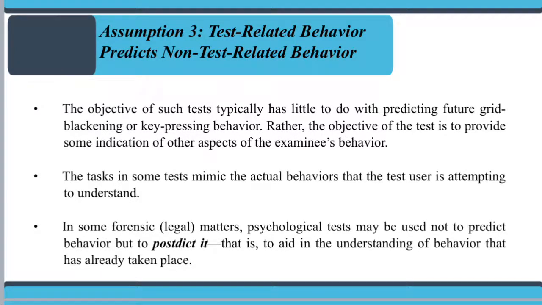So, let's go to assumption 3. Test-related behavior predicts non-test-related behavior. The objective of such a test typically has little to do with predicting future grid blackening or similar test-taking behavior. Rather, the objective of the test is to provide some indication of other aspects of the examinee's behavior. The tasks in some tests mimic the actual behavior that the test user is attempting to understand.